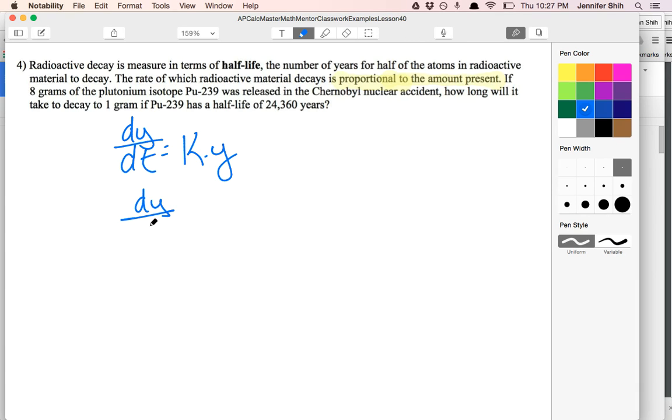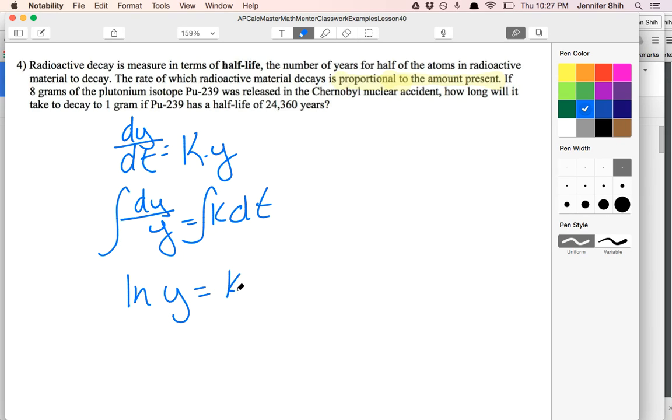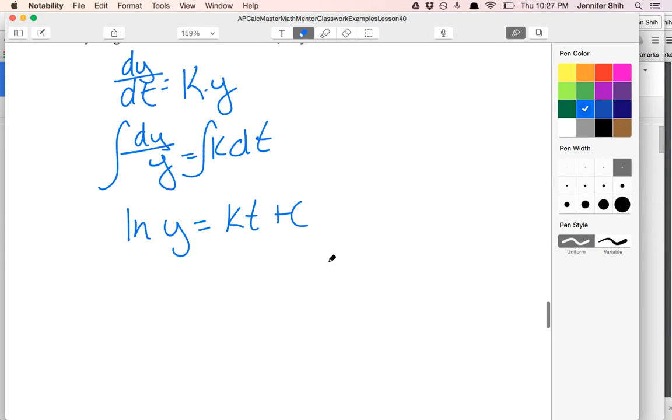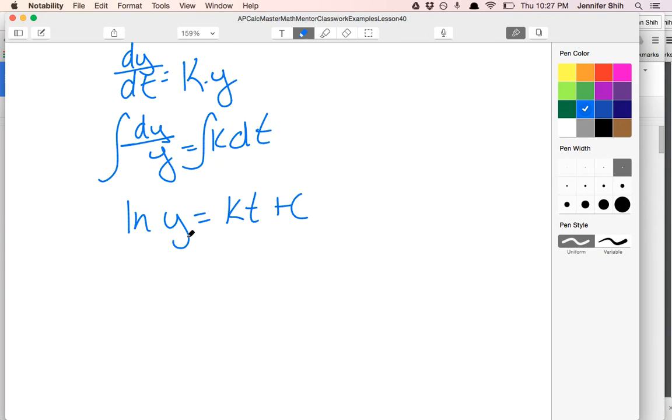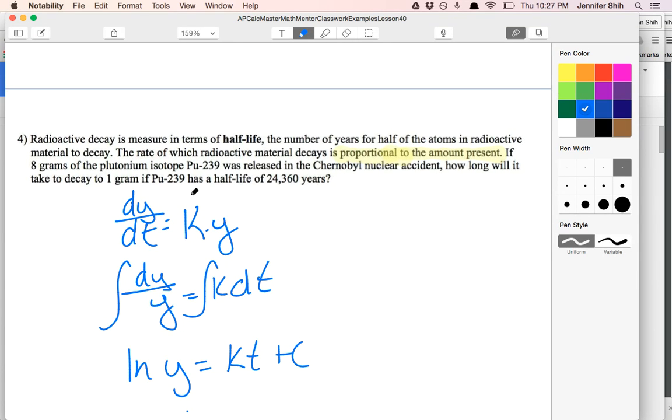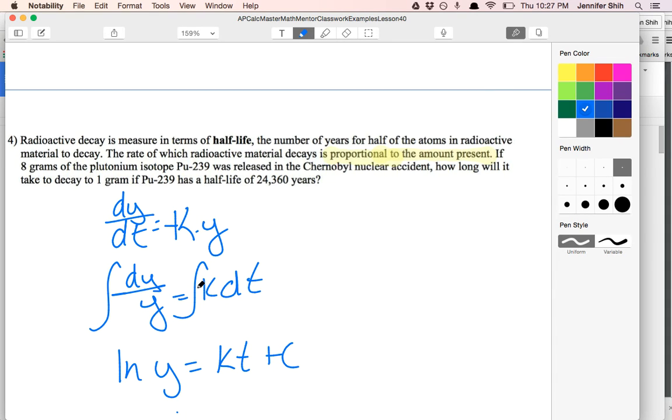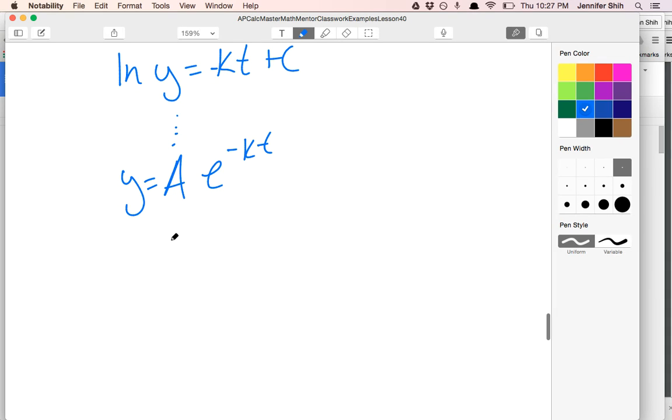We are going to separate the variables, and then solve for an equation, kt plus c. You're going to get down to y is equal to some initial amount, e to the negative kt. Oh, negative, right. We're in decay, so we need to have a negative. Got it. A is the initial value.